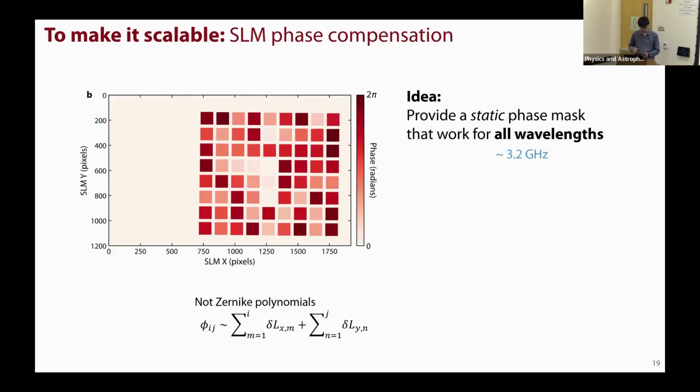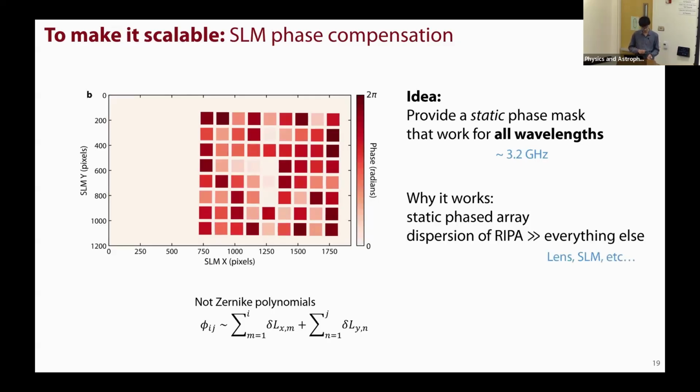And this static phase mask, once calibrated for a specific wavelength, can work for all wavelengths within our operation bandwidth. The first reason is that the phase array is static because it occupies a single optical input mode. As the input frequency changes, the mode doesn't change its spatial location. So all of these path length drifts and the aberration on the lens are basically the same as our frequency changes.